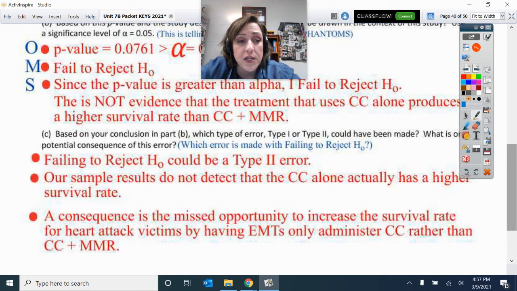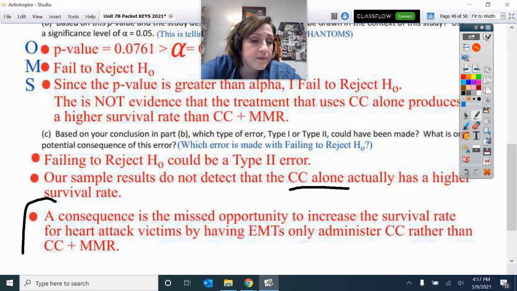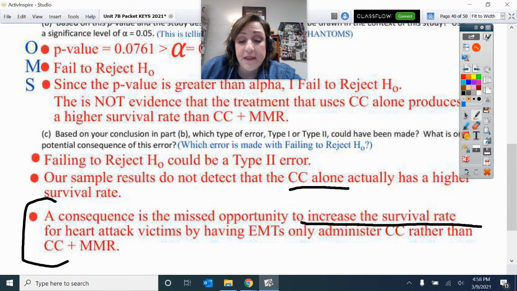Our sample results do not detect that CC alone actually has a higher survival rate. That's what I'm saying on that. And then the consequence is that missed opportunity to increase the survival rate for the heart attack victims by having EMTs only administer CC, rather than chest compressions plus mouth-to-mouth.